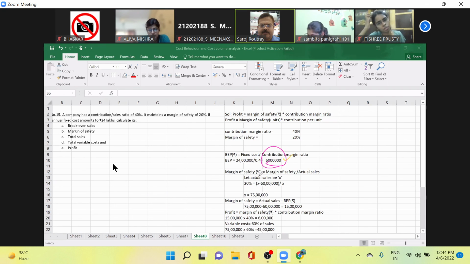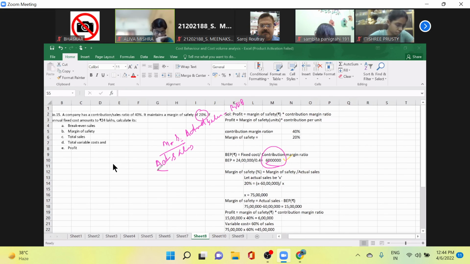Then margin of safety. The formula I was saying, margin of safety percentage, which is given here, is equal to margin of safety divided by actual sales. Now what is margin of safety? Margin of safety is equal to actual sales minus BEP.